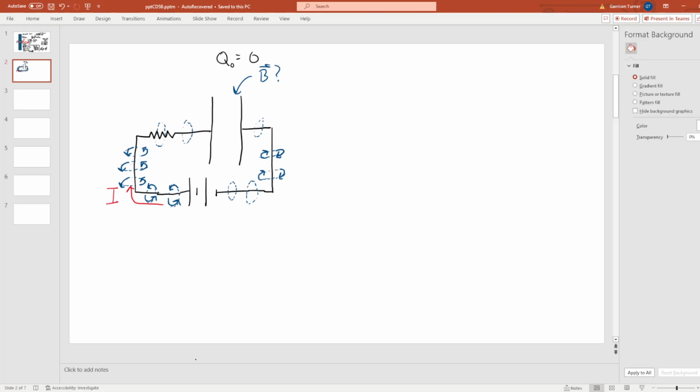What's going on in between the capacitor plates? There is no wire connecting the two plates with which to create a steady current. Charging up a capacitor is not going to be a steady current anyway, but there won't be any current between the two plates.